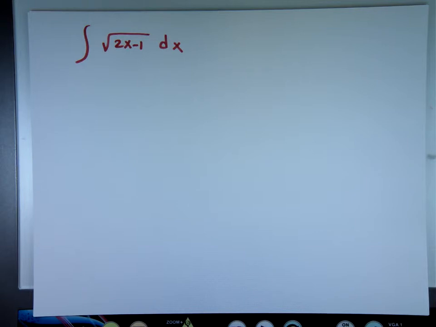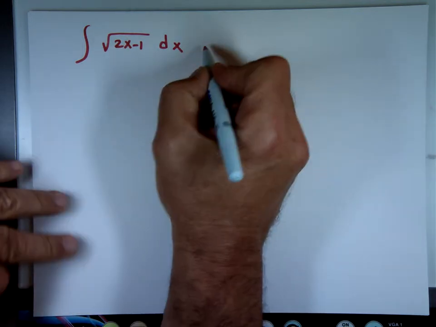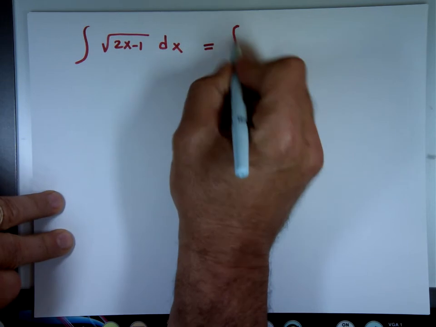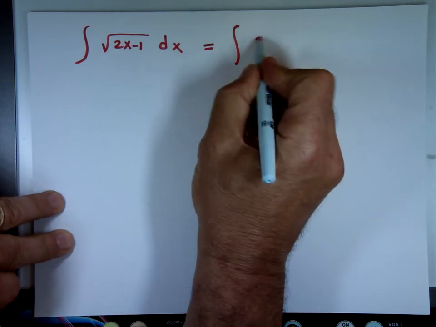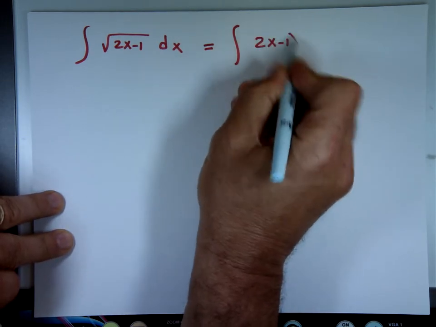That one. We can write that as what? The integral of minus 1.5, 2x minus 1 to what power? 1/2.